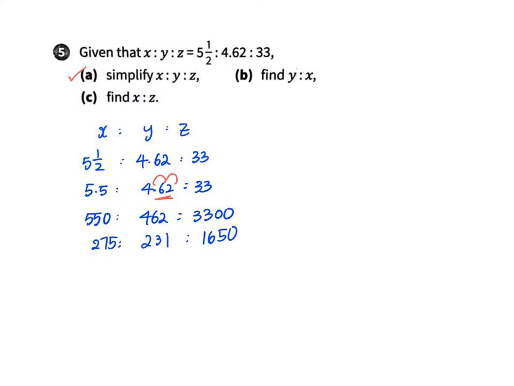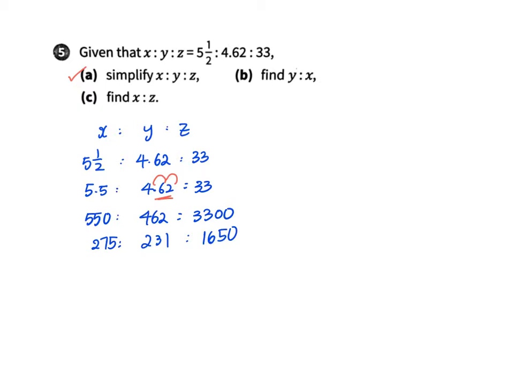Let's see if we can divide by 7. 5 is obviously not. 231 divided by 7, yes. 275 divided by 7, no, okay, cannot. So we try our next prime number. After 7 will be 11. Let's try 11. 275 divided by 11 gives me 25. 231 divided by 11 gives me 21.